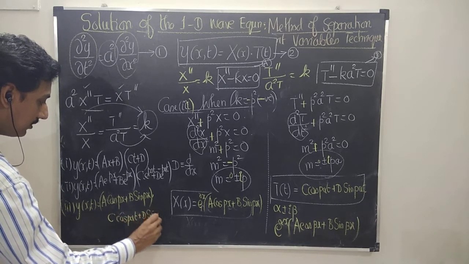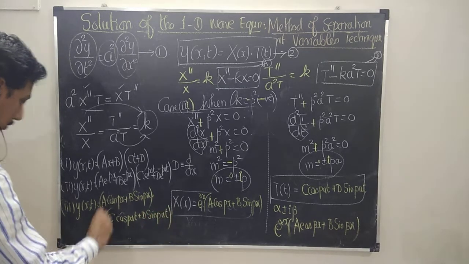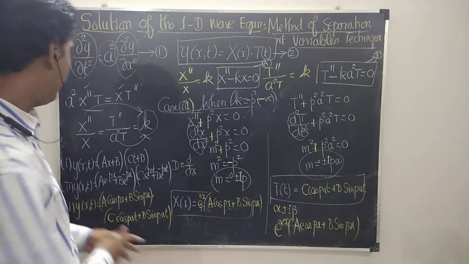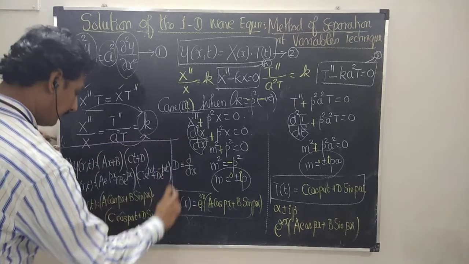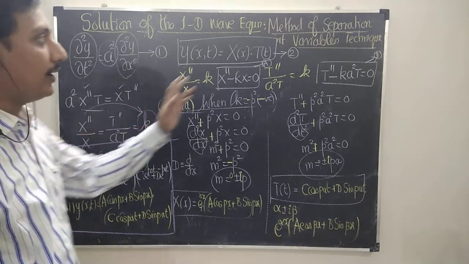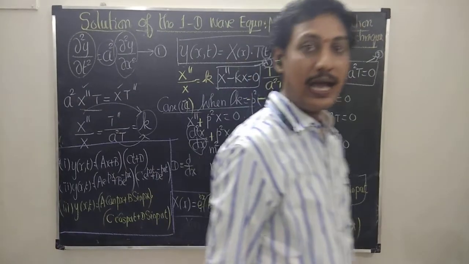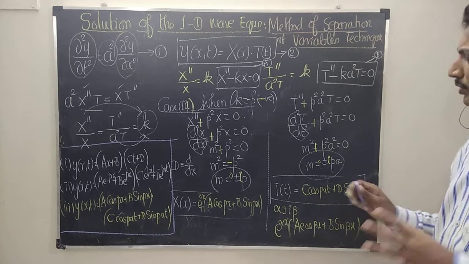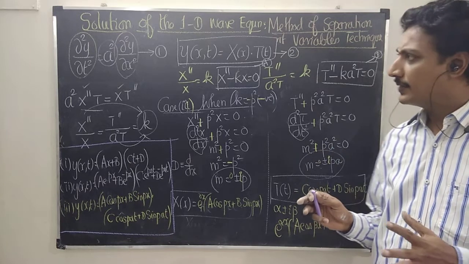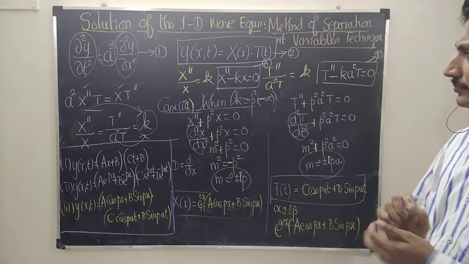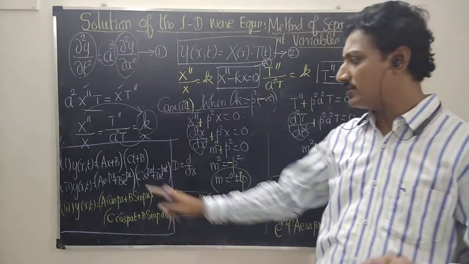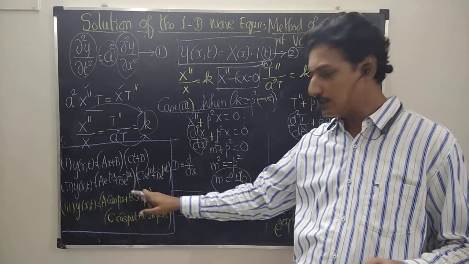So these are three possible solutions of the given one-dimensional wave equation with the help of the method of separation of variables technique. Now my question is, what are we going to do with this? As I told you, y with respect to x is second order, so there are two constants for x in each possible solution.